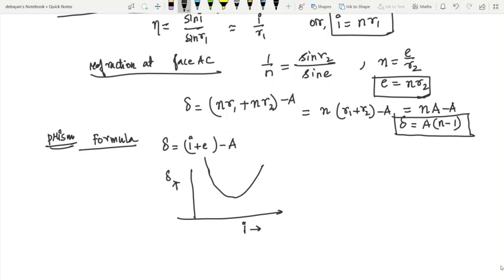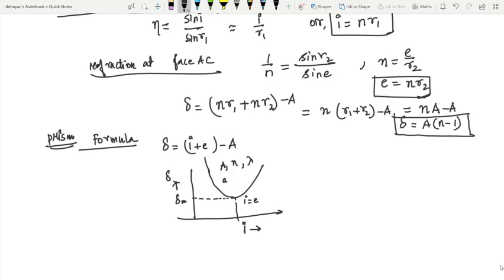And this particular point is called the angle of minimum deviation, where I is equal to E. And of course the refractive index, wavelength, whatever it be, are constant.